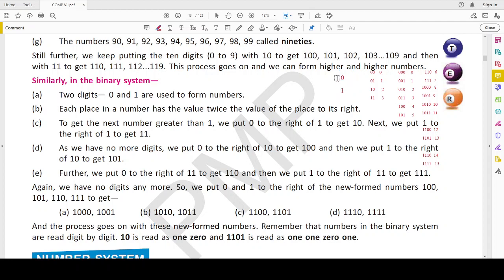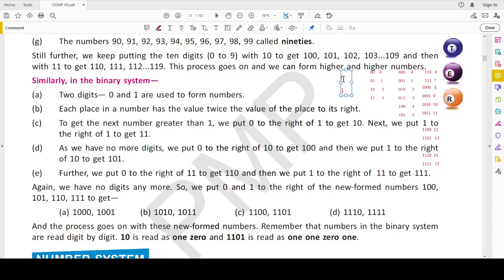Next you can place 1 over here to get 10 and 11. So how many total representations will you get? You will get 4 representations: 00, 01, 10, 11.